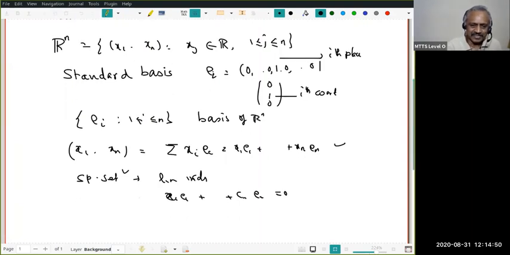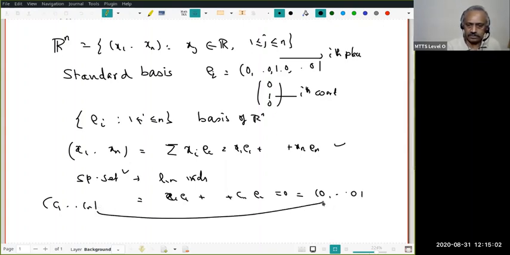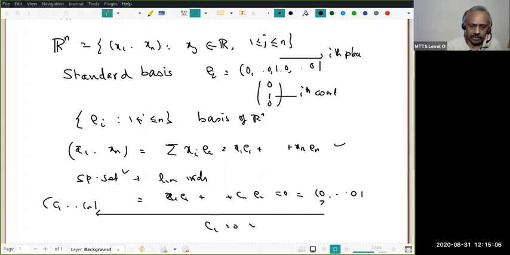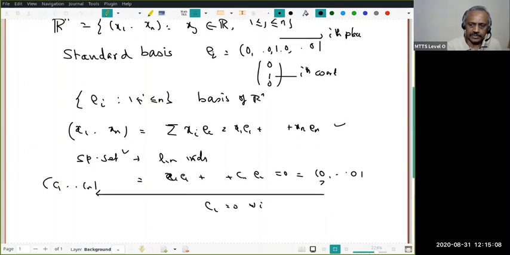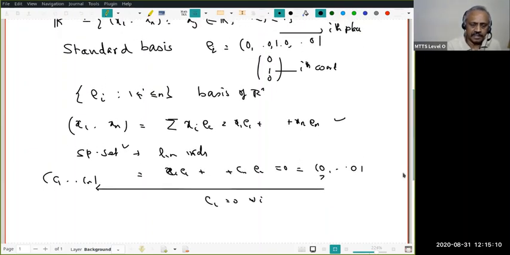Then this is the same as saying c1 to cn, which is an element of Rn, equals the 0 vector, 0, 0, 0. Therefore c1, ..., cn equals 0, that is, ci is 0 for all i. Therefore, we have also proved it's linearly independent, and hence this is a basis. Is it clear? Okay, make sure.